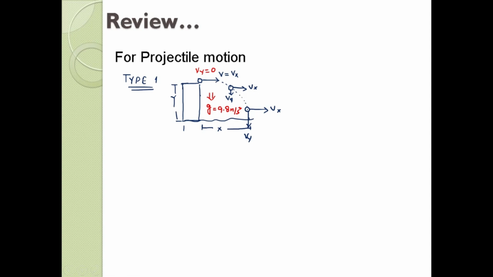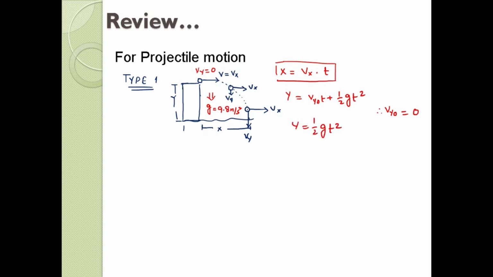So the equations that we need for this motion are, for the horizontal distance, x is equal to Vx times t. This is the equation for the horizontal motion, and for the vertical distance we will use y is equal to Vy naught t plus half g t square. But as you know that Vy naught is 0 here at the start, so we will put 0, so y is equal to half g t square.